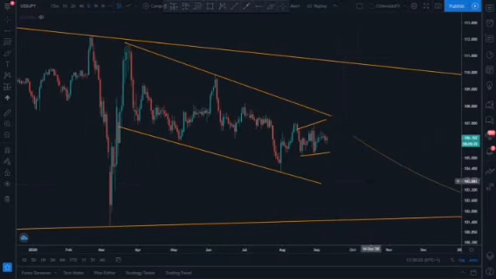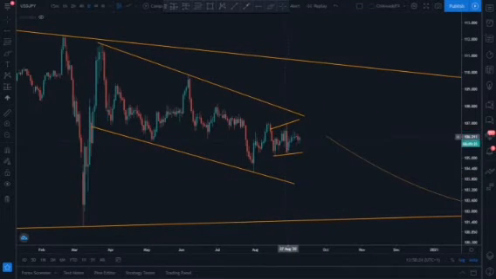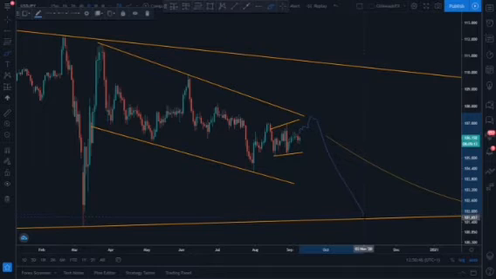I was looking for a buying opportunity to hold my trade all the way to retest these highs here, but unfortunately the market pushed back down. You can see we are getting that bullish push once again, that bullish momentum coming right back up. So what I'm expecting is to see the market come right into the zone, and then we get a sell-off all the way to here.